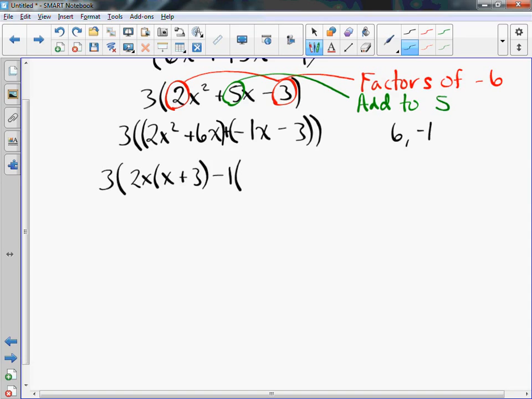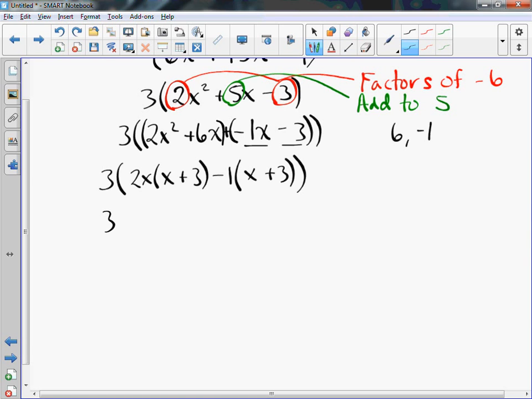It's going to make it look neater, and it's also going to help you match up with the other one. If I take a -1 out of this first term, I'm left with just a positive x. If I take a -1 out of a -3, or take -3 divided by -1, I get a positive 3.